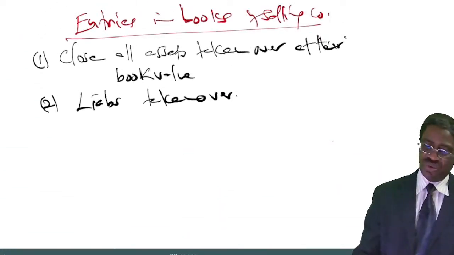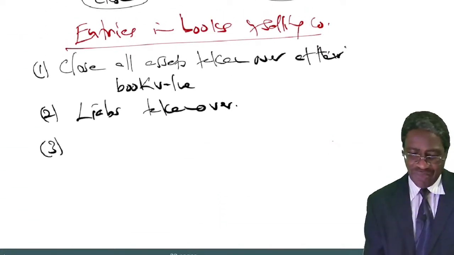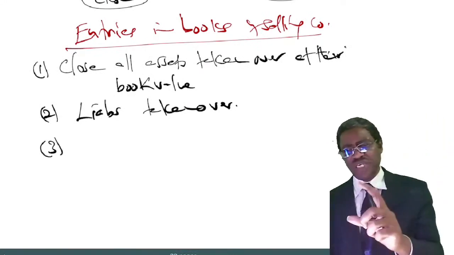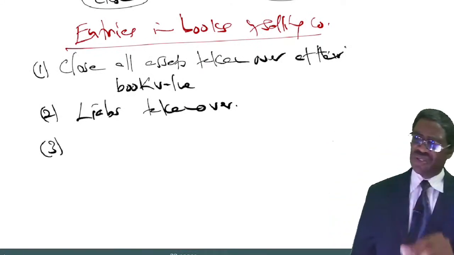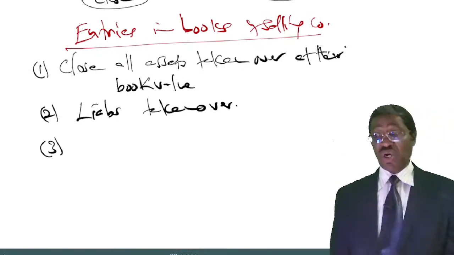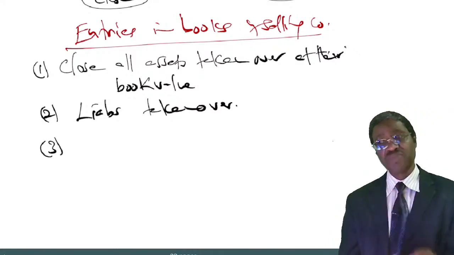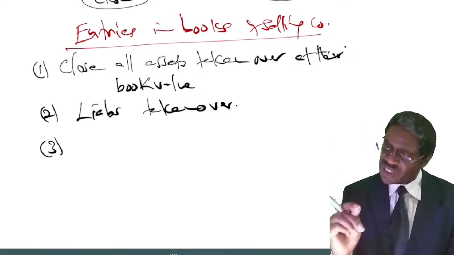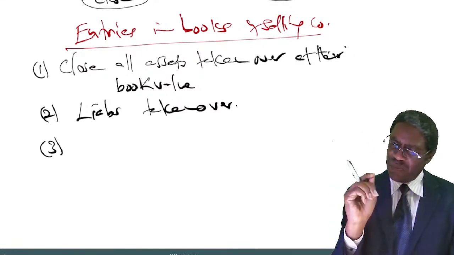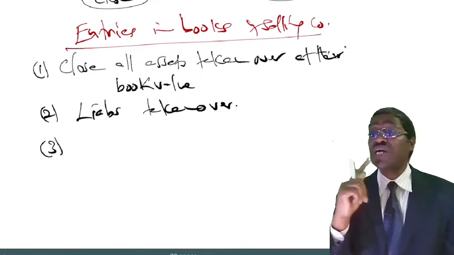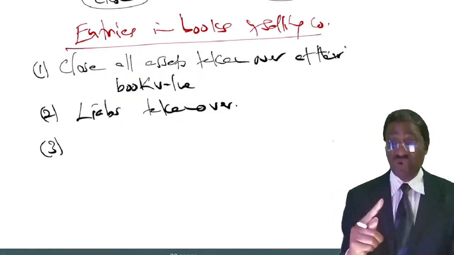Let me go to number 3 now. Listen, you company A, you are selling your business to company B. There must be something that you as company A are charging company B to buy you.